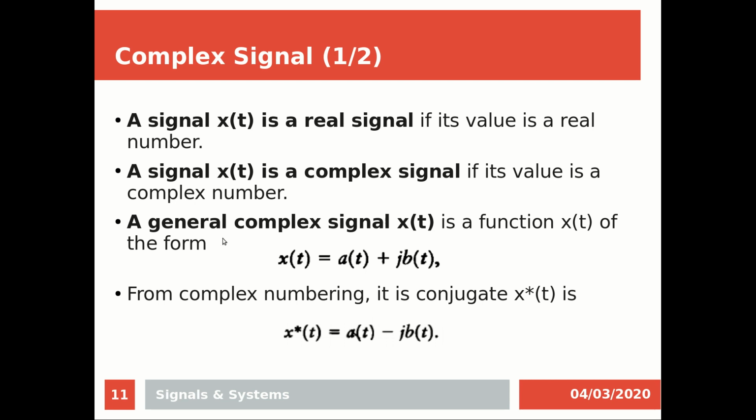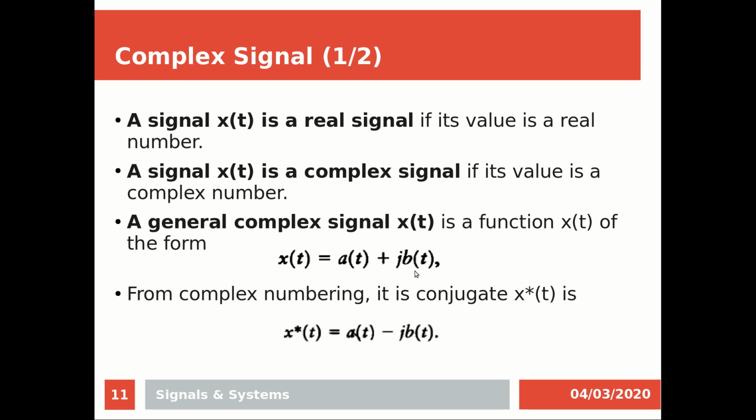So a general complex signal is supposed to have both parts: x of t equals a of t plus j b of t. Here j is the square root of minus 1, and a of t and b of t are the real part and the imaginary part of the signal.